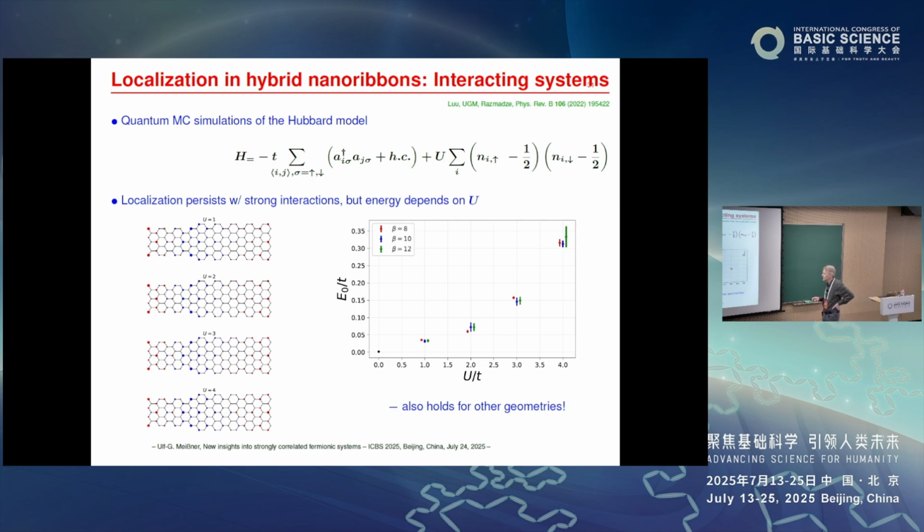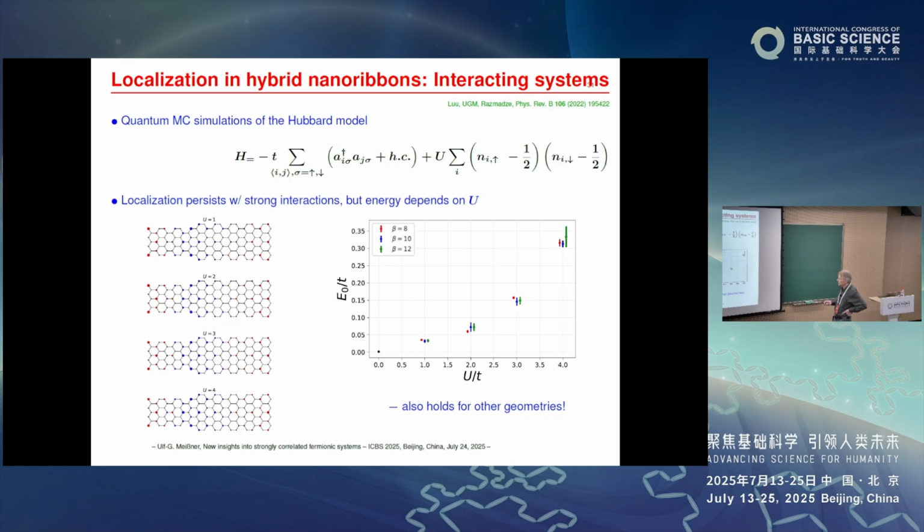And you can see here, if you look at the picture, U equals 1, all in units of t. So you always normalize to this. This is your canonical energy in the system. So U equals 1 means 1 times t and so on. So U equals 1, 2, 3, and 4. And you see these pictures look essentially the same, which means the localization is still there if you switch on the interaction. But of course, the energy changes.